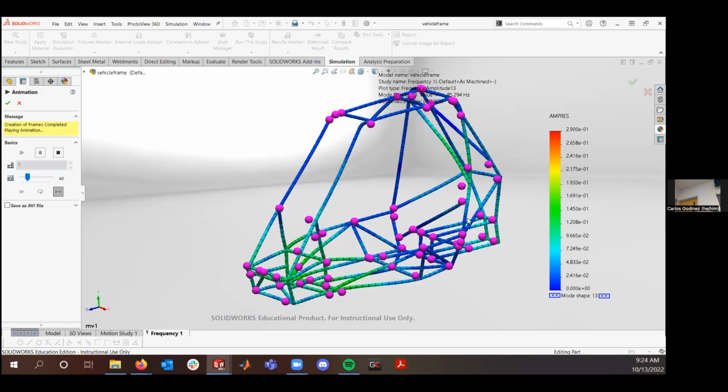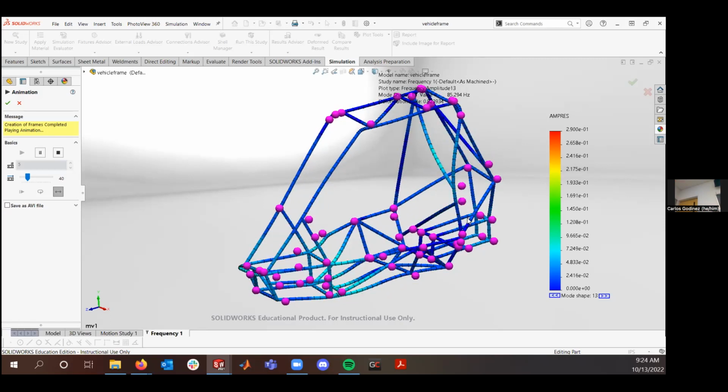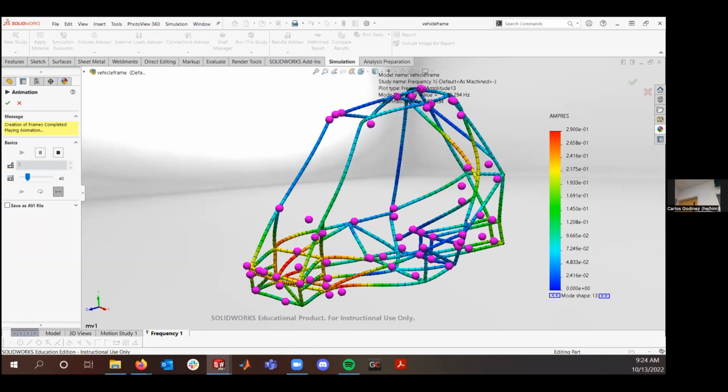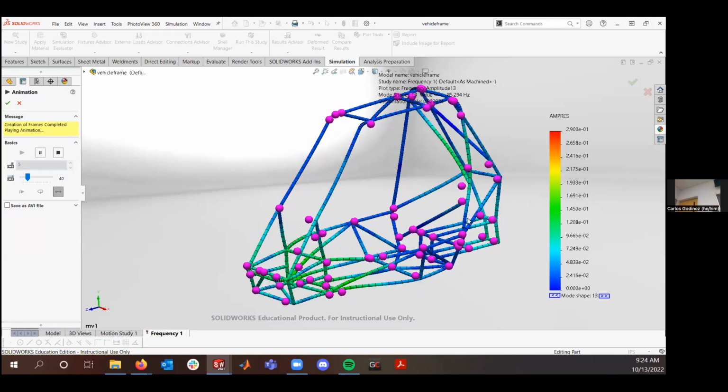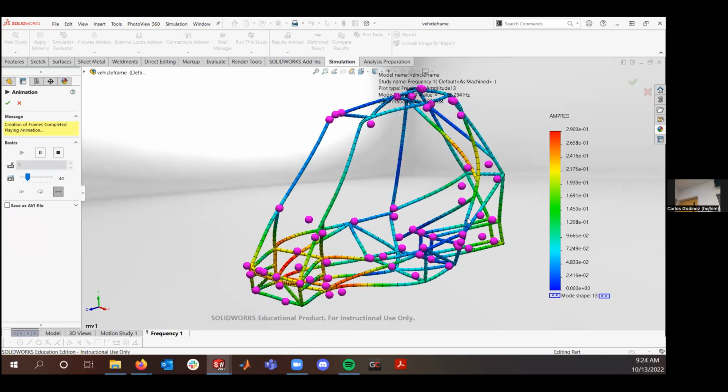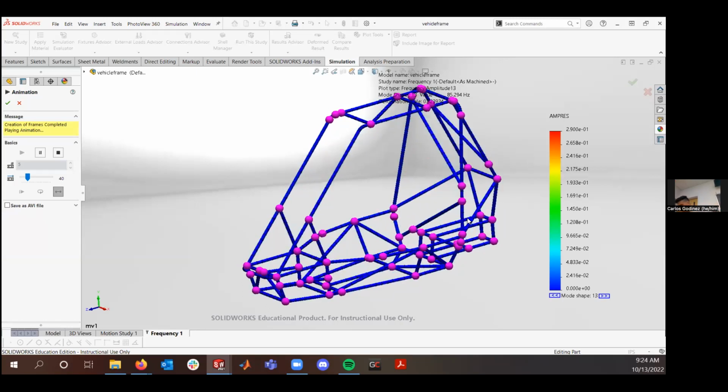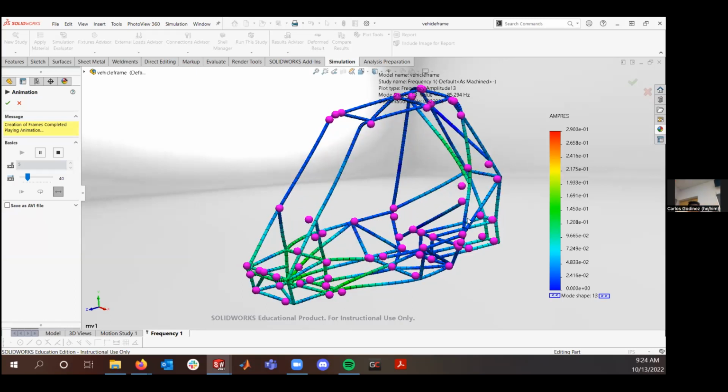Also this is a frequency study. To be honest, for a Baja chassis, I'd be shocked for any sort of frequency that we're even close to, because of the engine. Actually, I'm gonna do this.